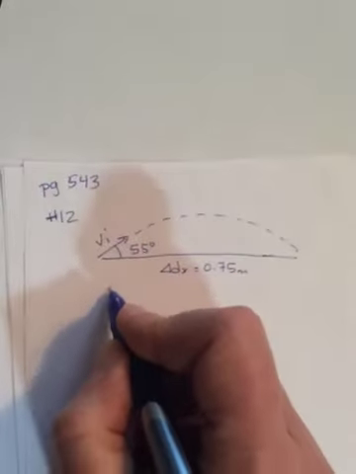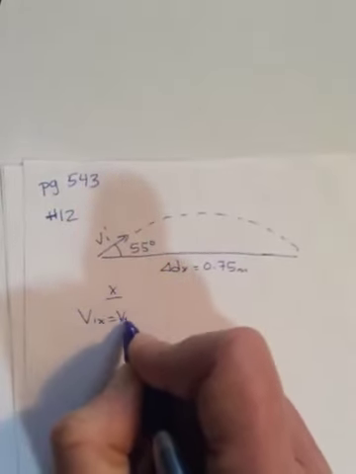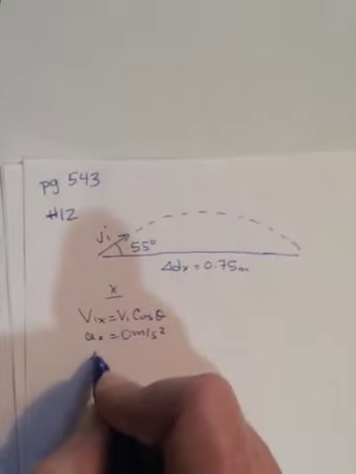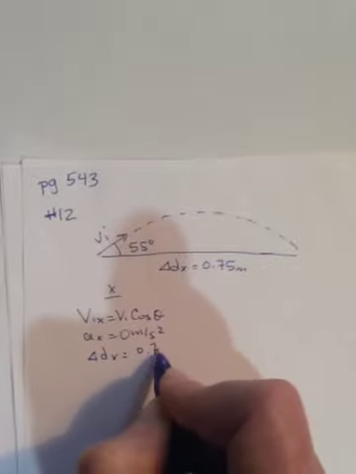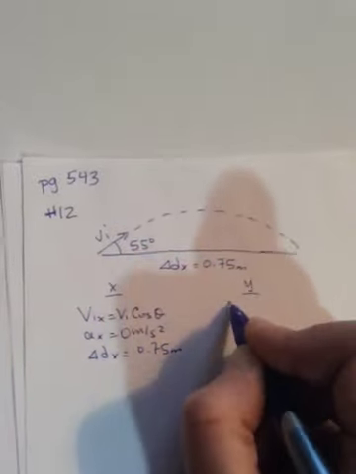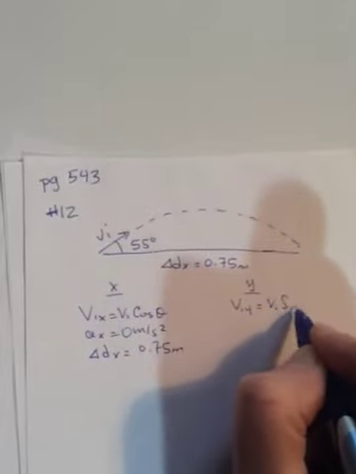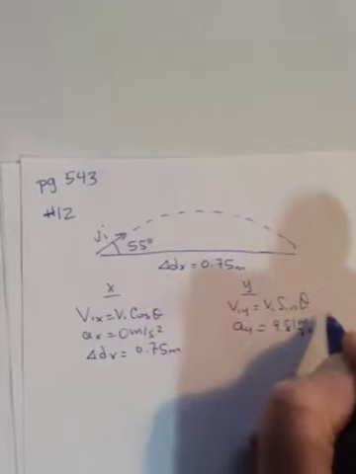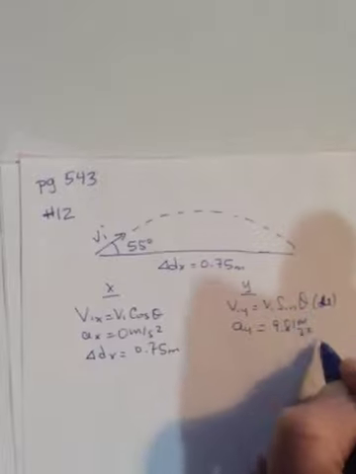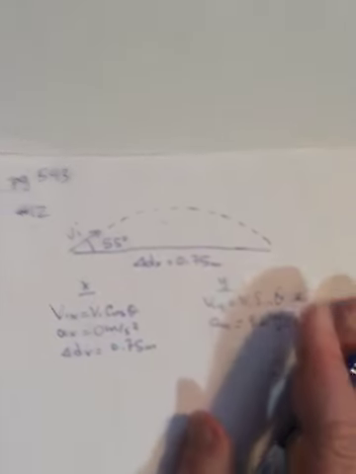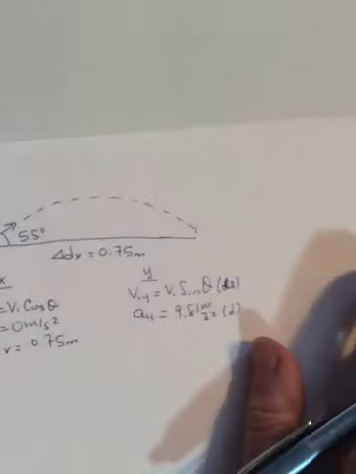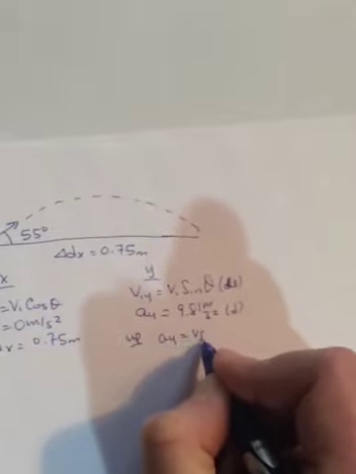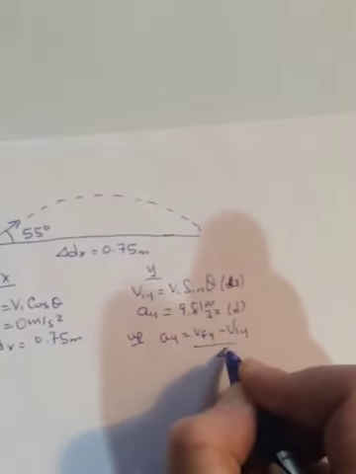Okay, so x direction, VIX, VI cos theta, AX 0, delta dx 0.75 meters. Y direction, VIY, VI sine theta, AY 9.81 meters per second squared, and this is down, this is up, this is down. And so we can start in the y direction with our up, and we can do AY equals VFY minus VIY over delta TU.